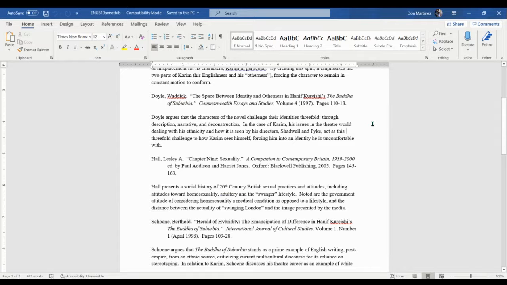Okay. Doyle argues that the characters of the novel challenge their identities threefold through description, narrative, and deconstruction. Issues in the theater with his ethnicity and how it is seen by his directors, Shadwell and Pyke, practice this threefold challenge to how Karim sees himself, forcing him into an identity he is uncomfortable with. Okay, so the annotation again is basically just a summary.